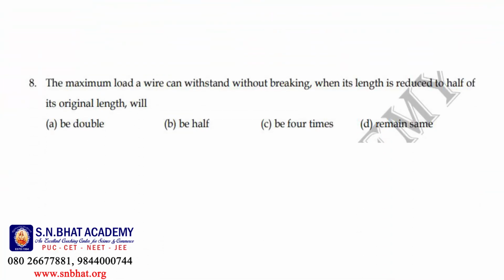Next, question number 8. Study the question carefully. The maximum load a wire can withstand without breaking, when the length is reduced to half of its original length, will remain.